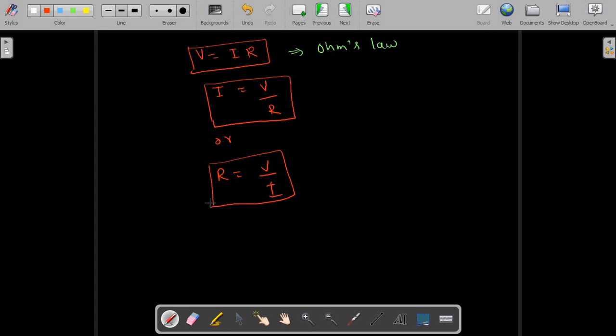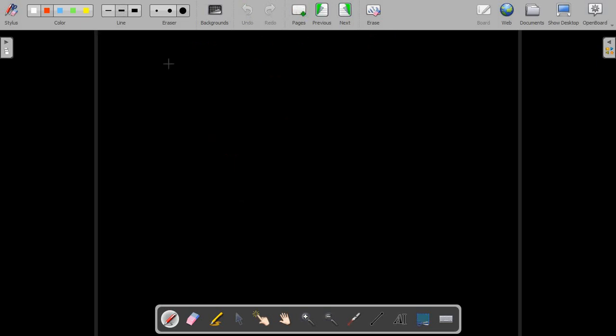Now one more thing. In Ohm's law, I is V by R, right? R is constant. It's not a variable quantity.